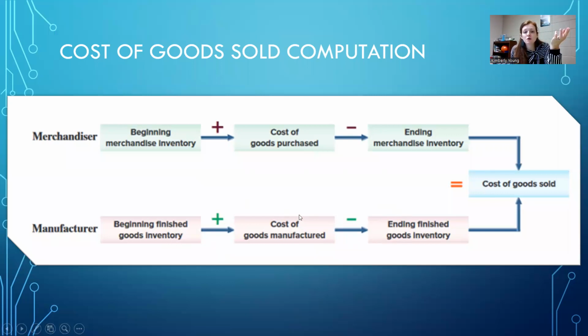So again, these first two are goods available for sale. These were all sitting on the shelves, hypothetically speaking, ready to sell. We started out with several bicycles. We finished some more. These are all sitting there on the shelves, ready to go. And then we still had some left over at the end that we did not sell. So that difference would also be the cost of goods sold.